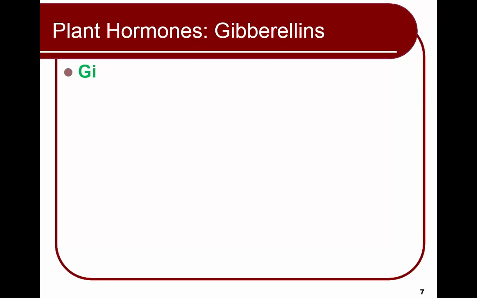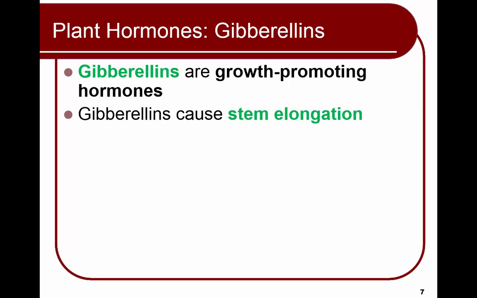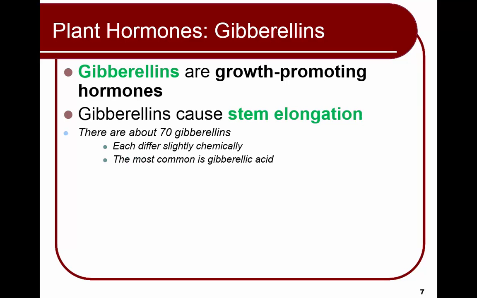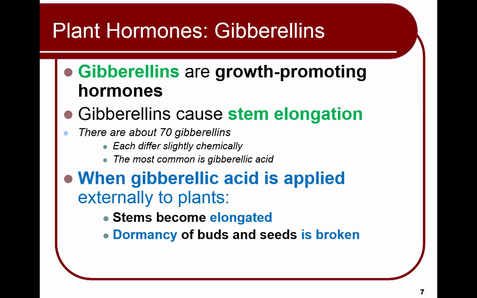Another hormone is gibberellins, and these are growth promoting hormones. They cause the stems to get longer. There are about 70 of them. This gibberellic acid, they can put it on the outside of a plant, and it'll make the stems get longer, and it'll also break dormancy of buds and seeds.